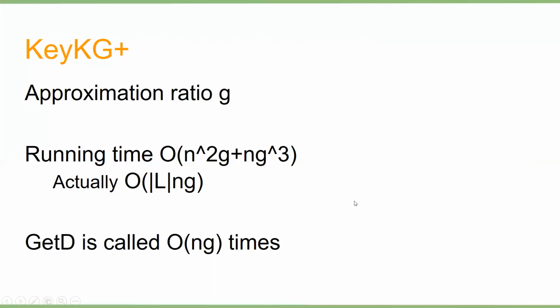And the main difference is that get distance is only called n times G times, and get distance is faster because we don't need to scan the two label sets, only one label set.